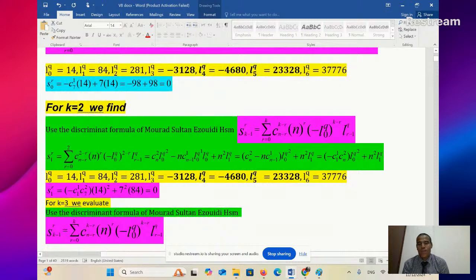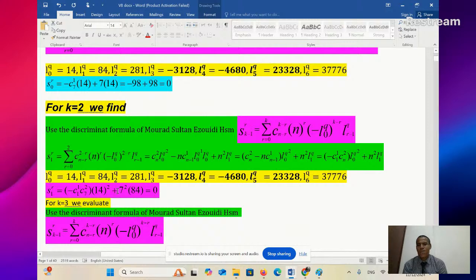Evaluating S1 means you substitute k equal 2 in the discriminant formula of Murad Sultan Ezouidi, so that after developing this, we obtain negative combination 1 choose 1, combination n choose 2, times S0 whole squared, plus n squared times L1. This is the second coefficient of my new 7-degree polynomial.